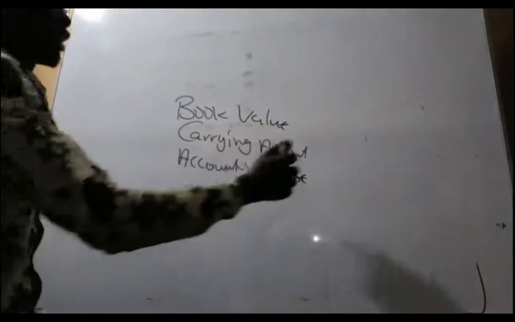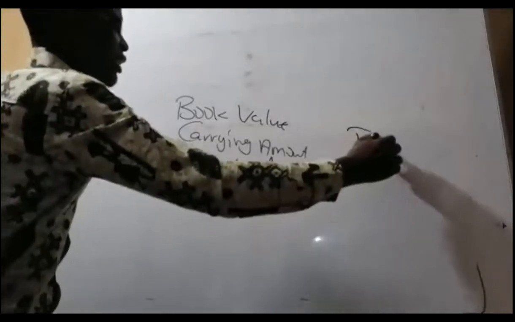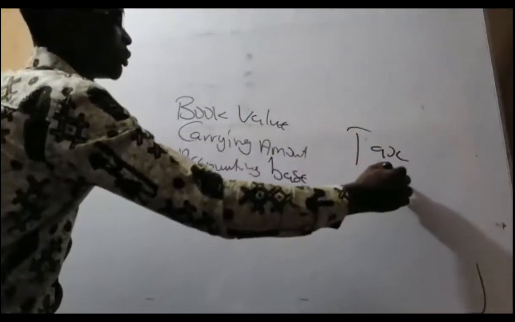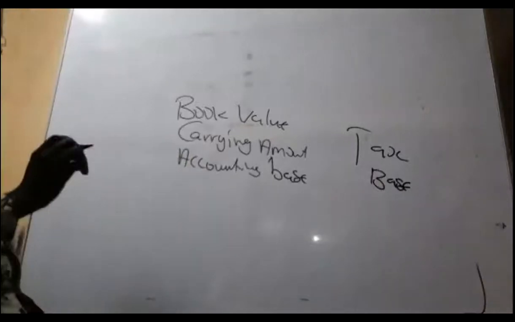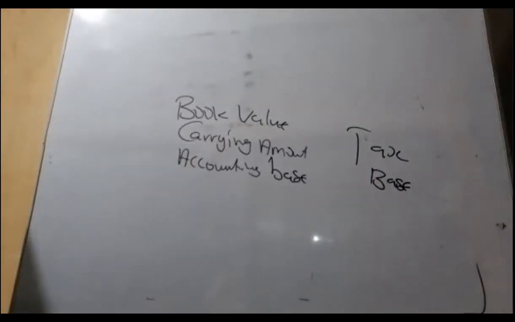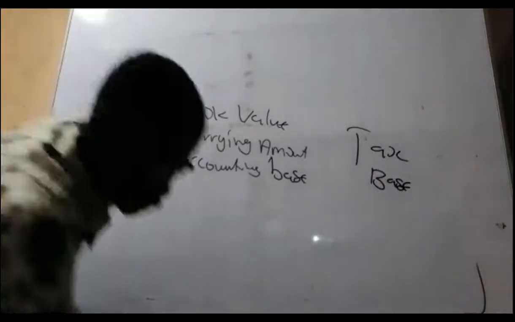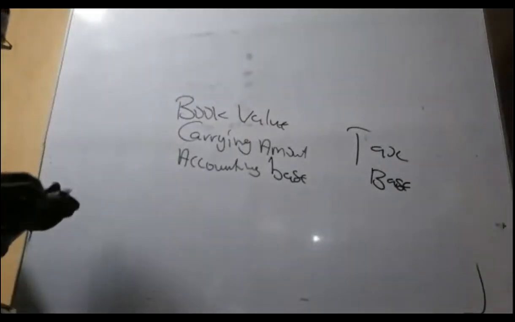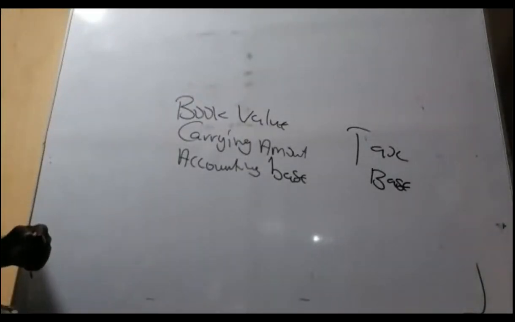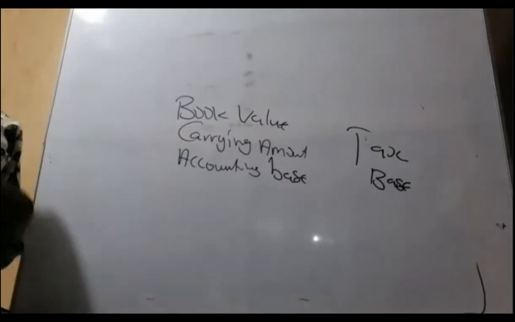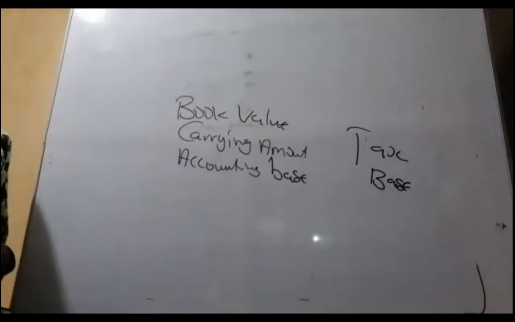You compare it versus the tax base. Good. So temporal difference exists in two items: asset and liability. These are the only two items that create temporal difference or deferred tax.